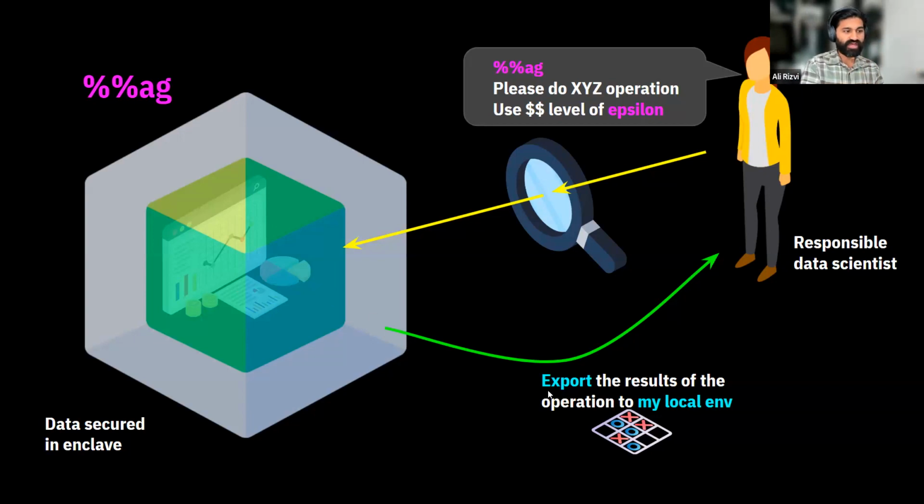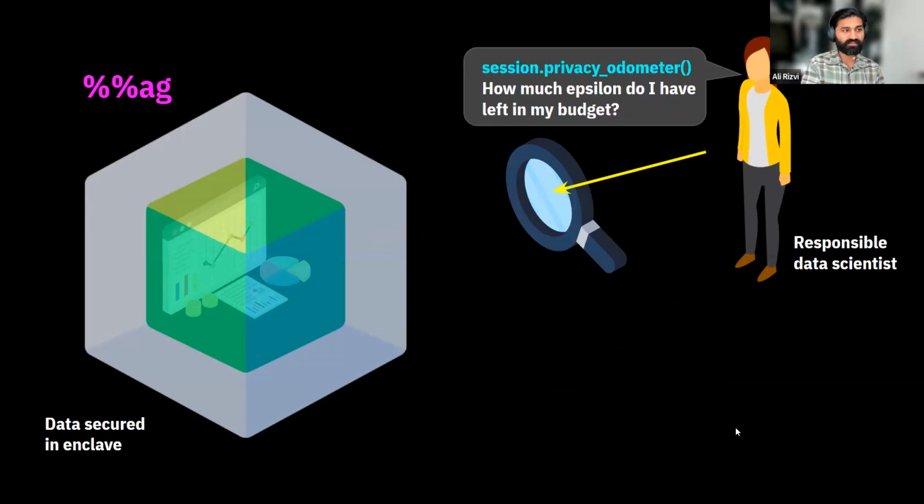And then once you export the results, the summary statistics or whatever model output, that's going to come to your local environment. That's the main key takeaway: when you want the secure environment, that's percentage AG. When you're in your local environment, you don't need percentage AG.